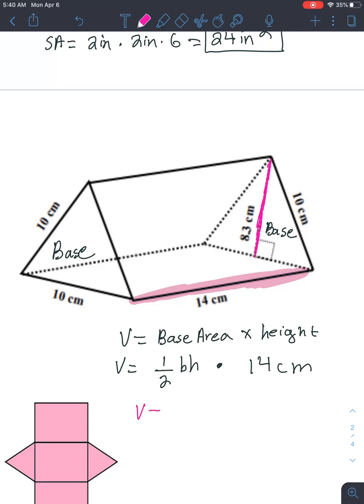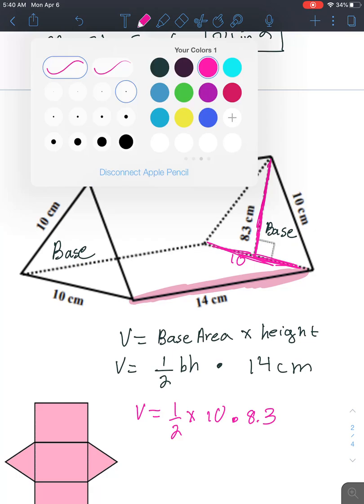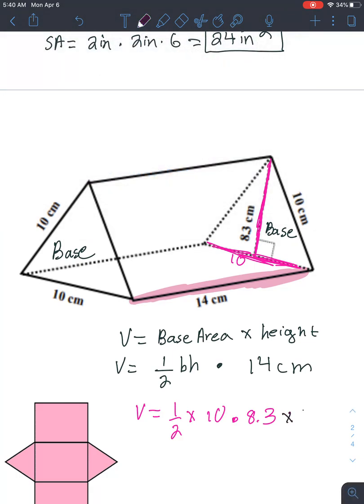So here the volume equals 1/2 times 8.3 times 10. I just wrote them backwards to make it clear. The base is 10, and because the base is 10 here, this is also 10. Then we multiply that by 8.3, and then times the 14 from earlier.